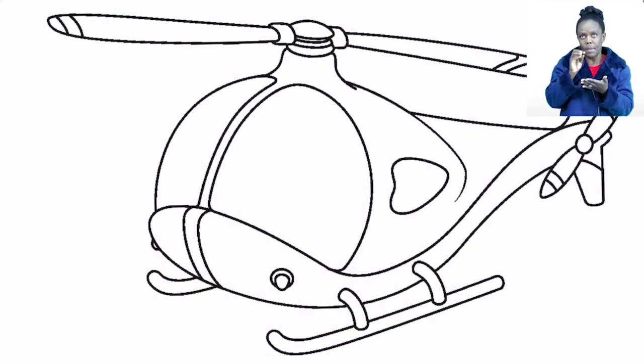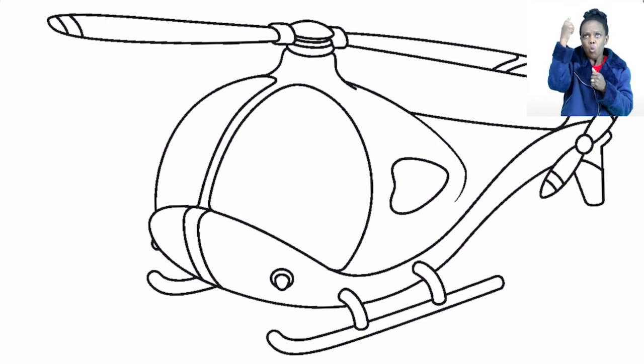On page 10, we also have something that moves in the sky, but it doesn't have a lot of people like the aeroplane. An aeroplane can carry many people, but a helicopter can carry maybe 5 or 6 people. You can see that this helicopter has its propellers up there on top of its head.